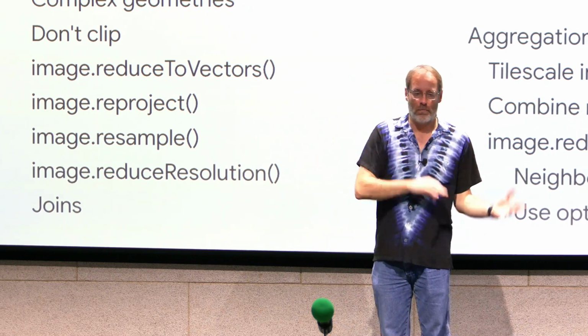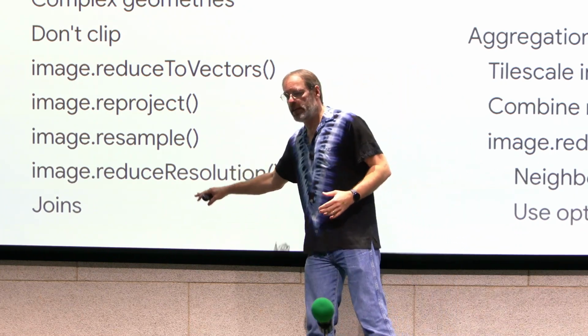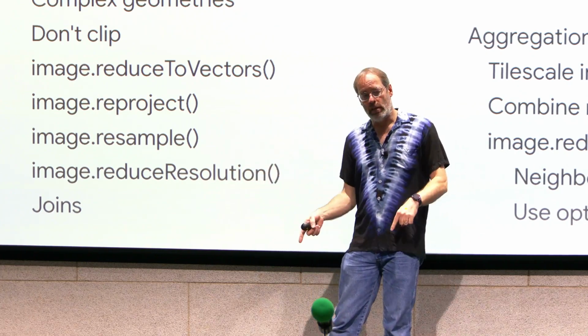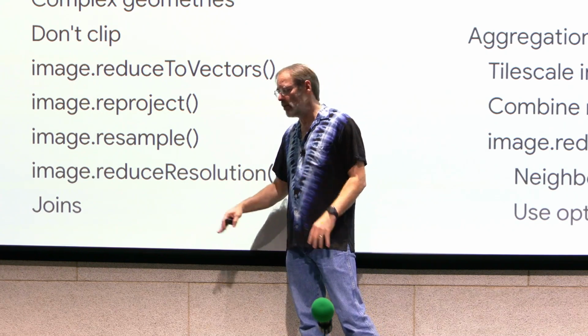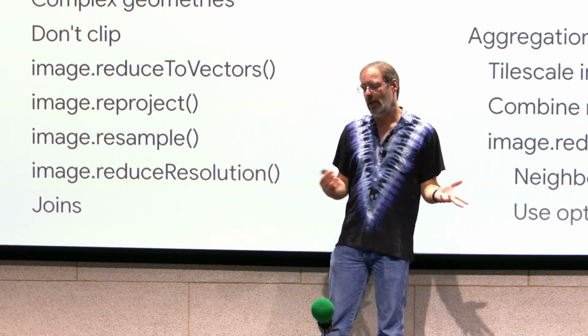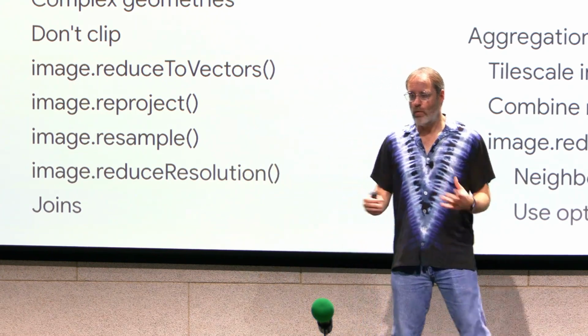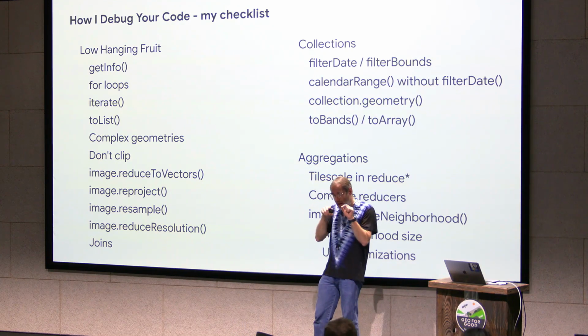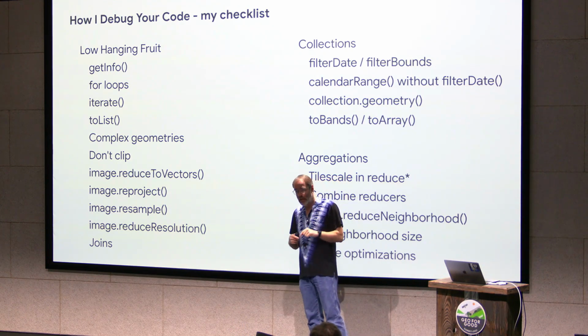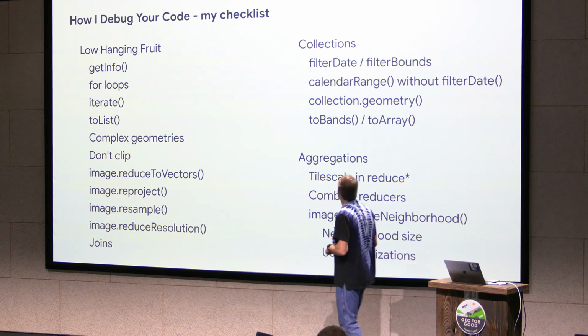Both have pluses and minuses. If you're using a join and it's not working very well, try the other one. If you're using a mapped filter operation and it's not working well, try a join. It's really hard to explain why one works versus the other. But if you've got a join in your script, I want to very carefully inspect what you're doing and see if it's a problem spot.